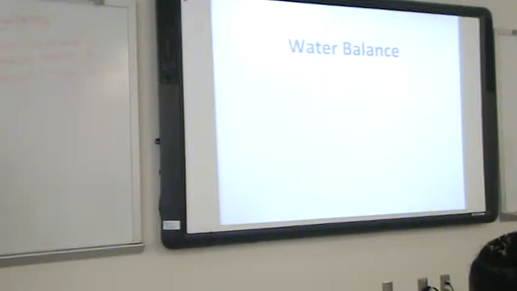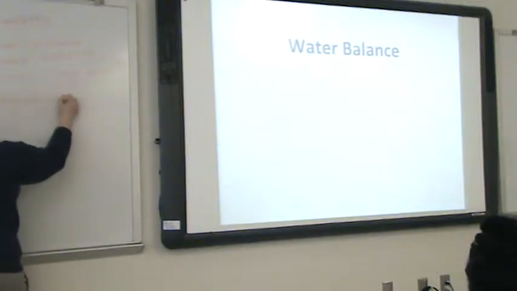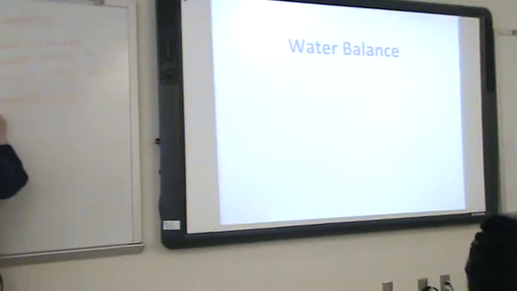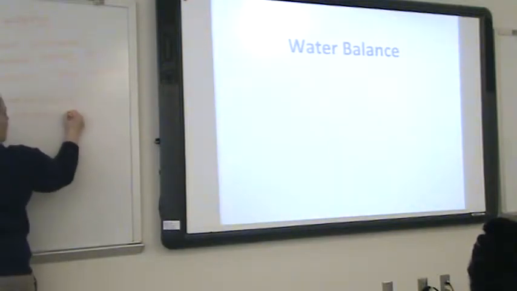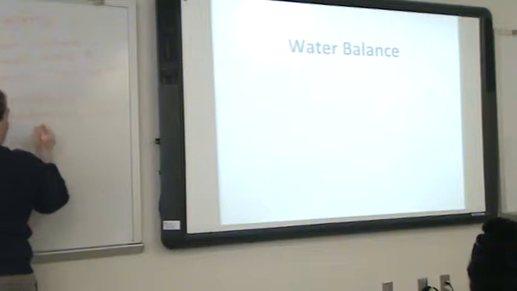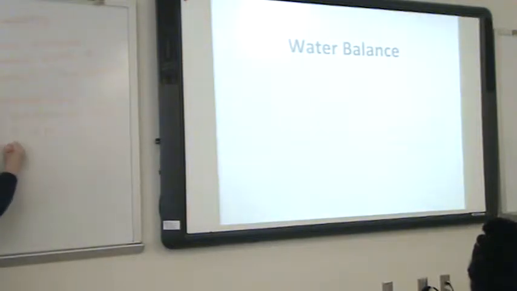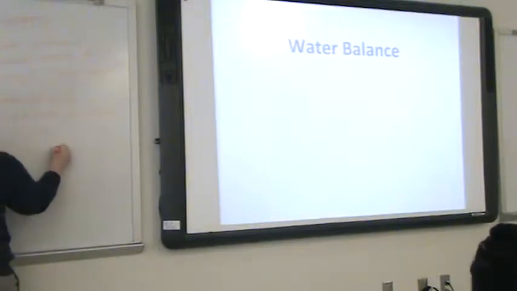The second key concept is that our bodies have to do homeostasis of electrolyte concentrations and pH within some pretty narrow limits.